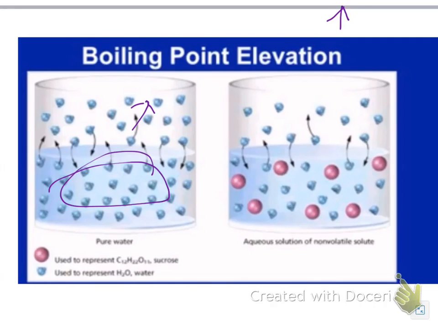But if there are solute particles in the way, it's going to disrupt how many of those particles go off into the gaseous state. Because of course these particles are also attracted to the solute, either as ions or as polar molecules, preventing them from leaving. It's going to take more energy for them to leave. Okay, so boiling point elevation.